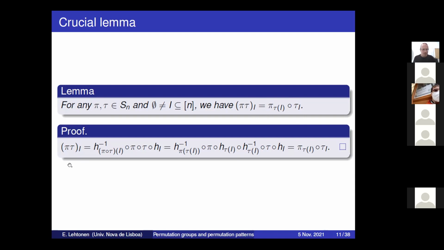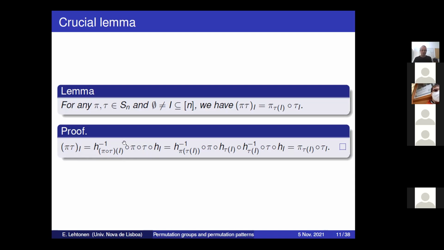And the proof of this is just a single line. Using the formalism that we just introduced, if you take the pattern of pi tau corresponding to the subset I, we just write down the definition. We have the permutation pi tau here. We compose with the order isomorphism h_I, and then go back with the inverse of the order isomorphism of the image of I relative to this given permutation.